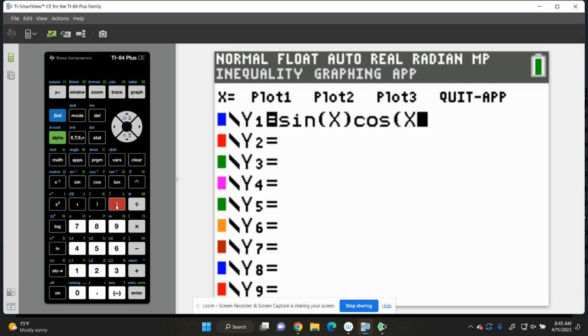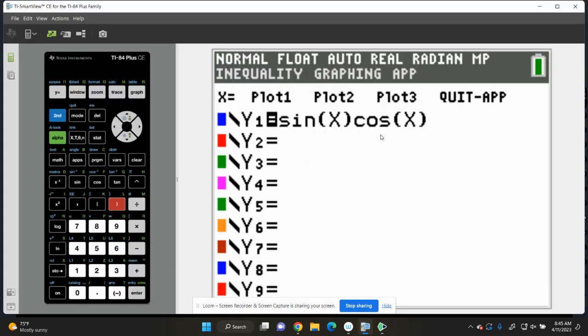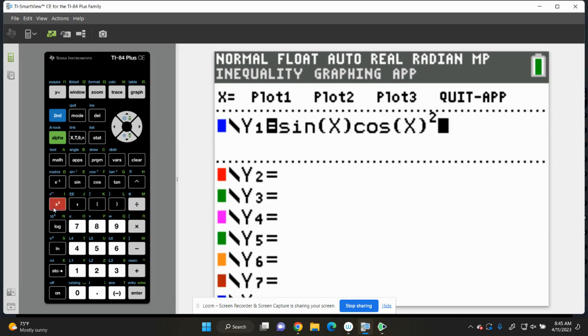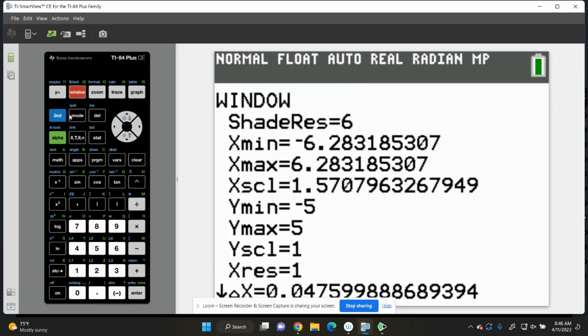Now remember your calculator: when I wrote cosine squared x, the square came after the cosine, but the calculator doesn't allow you to do that. So after we close the parentheses, then we make it squared. And then it's minus sine x. I am in radian mode, so I'm going to make sure that my window is in radian, and it is. That's negative 2 pi, and that's 2 pi.